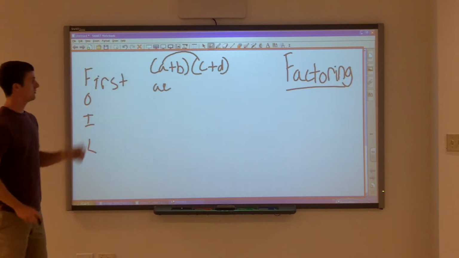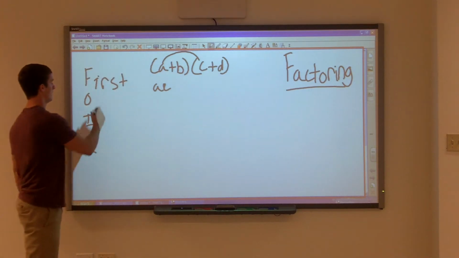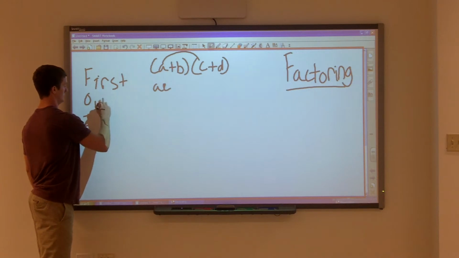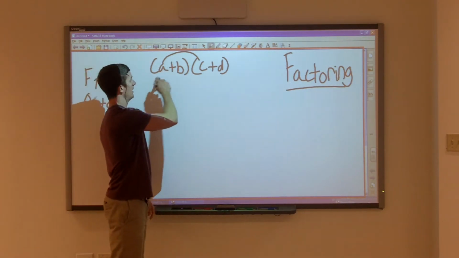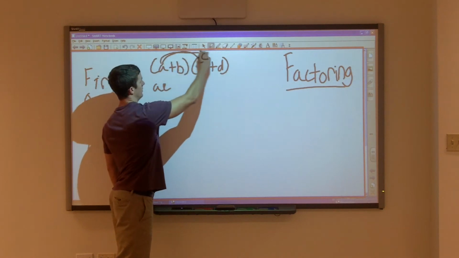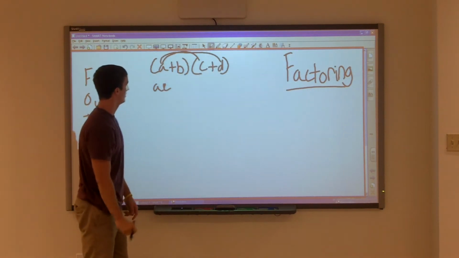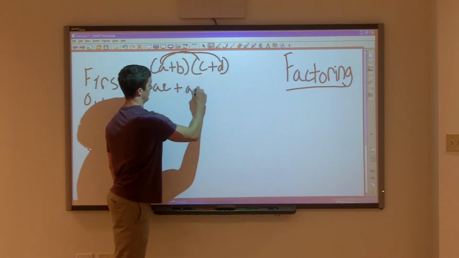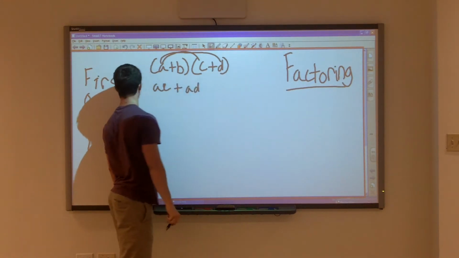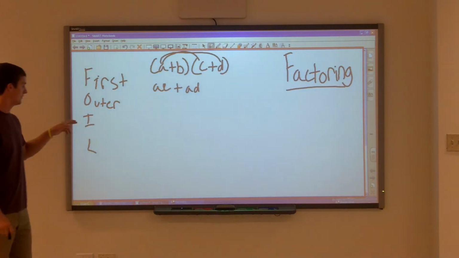Now, our O means we're going to multiply our outer, our first times our outer. So again, we're going to begin with our a, and we're going to go to our outer on our second polynomial. And we'll add that to our first. Now our I stands for our inner.